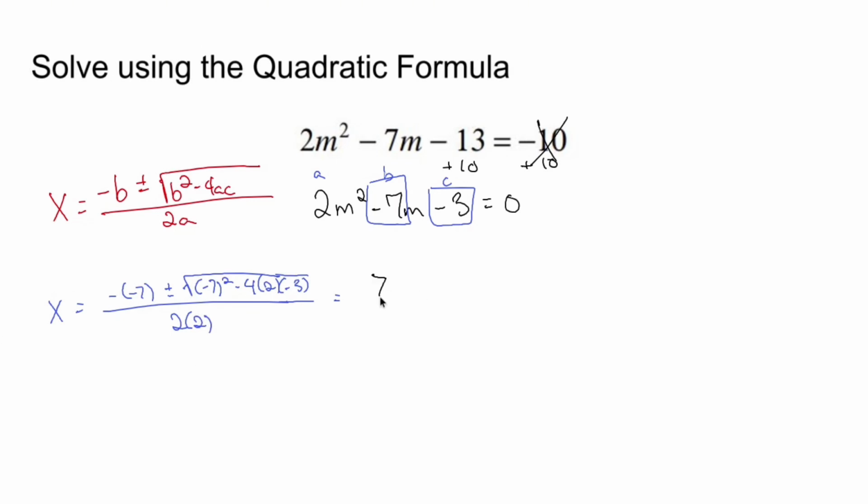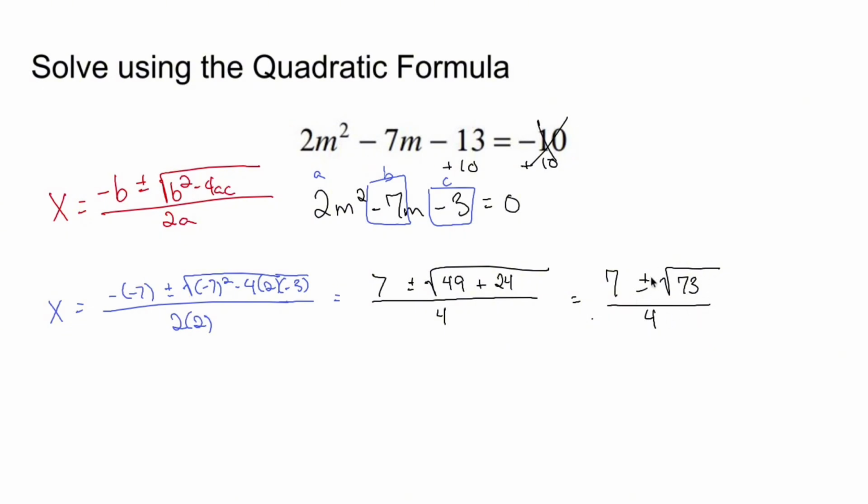Negative negative 7 is 7, plus or minus negative 7 squared is 49, minus 4 times 2 times negative 3 is going to be plus 8 times 3 is 24, all over 4. That becomes 7 plus or minus the square root of 73 all over 4.